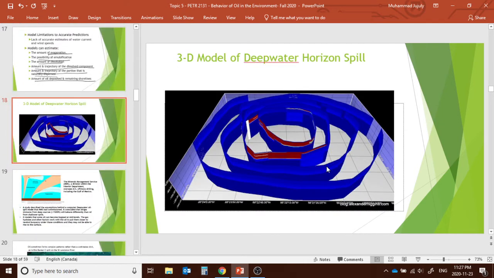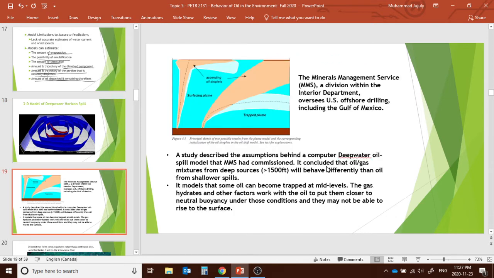So we have seen the Deepwater Horizon spill. So this is the 3D model of that. This is one example of the Deepwater Horizon models. One of the models showed the water surface, and this is the source at the bottom of the ocean where the spillage happened.